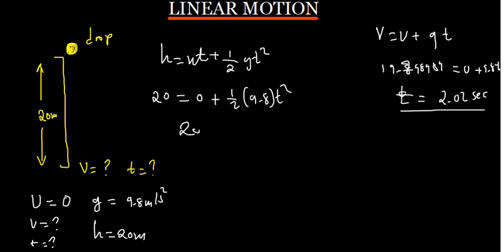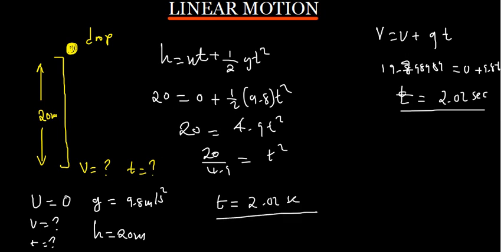So this will give us 20 is equal to half times 9.8, that will be 4.9, and then t squared. Divide both sides by 4.9, 20 over 4.9 is equal to t squared. So square root both sides. So I'm going to say 20 divided by 4.9. The answer that we get, square root that. So that is giving me 2.02 seconds. So you see, whatsoever that you use, the answer will still be the same.